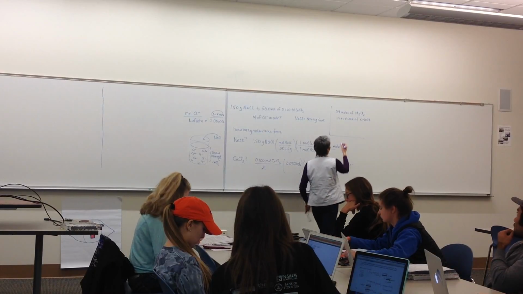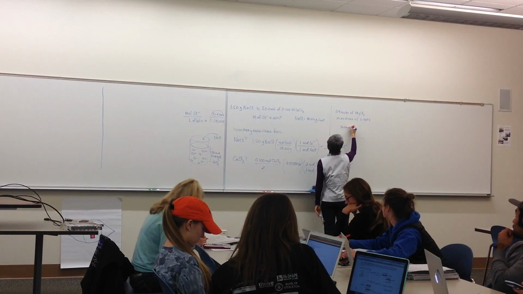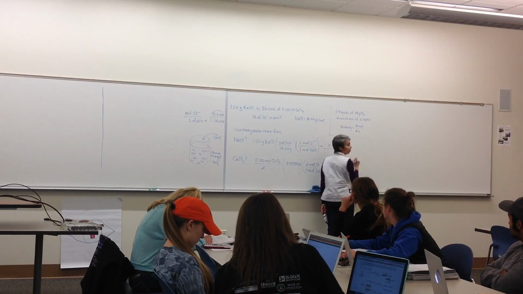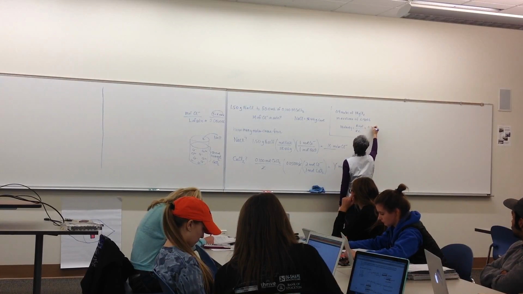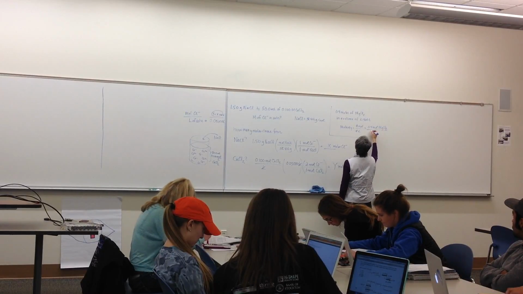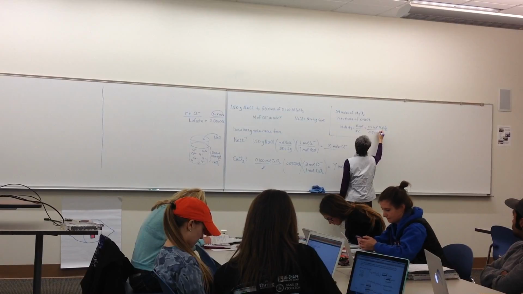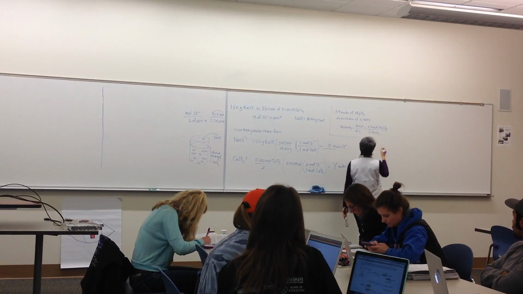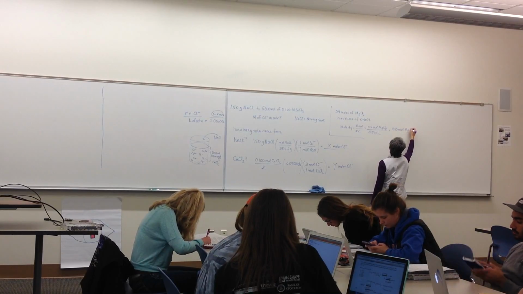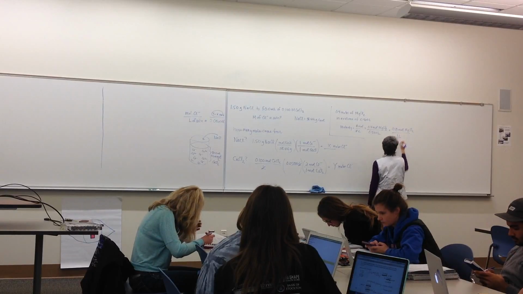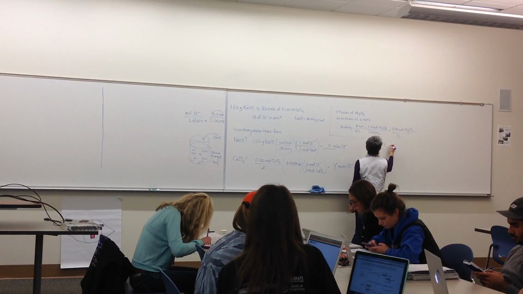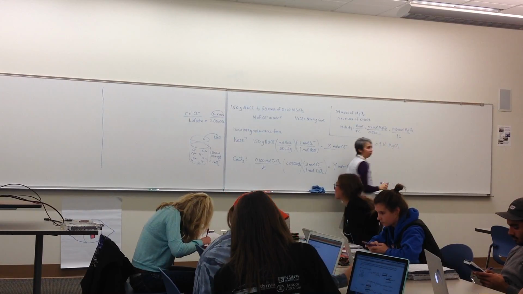In that case, I would say molarity is equal to the number of moles over the number of liters. I would take my 0.4 moles of MgCl2 divided by my 0.500 liters, and that's going to give me 0.8 moles MgCl2 per 1 liter, or 0.8 molar MgCl2.